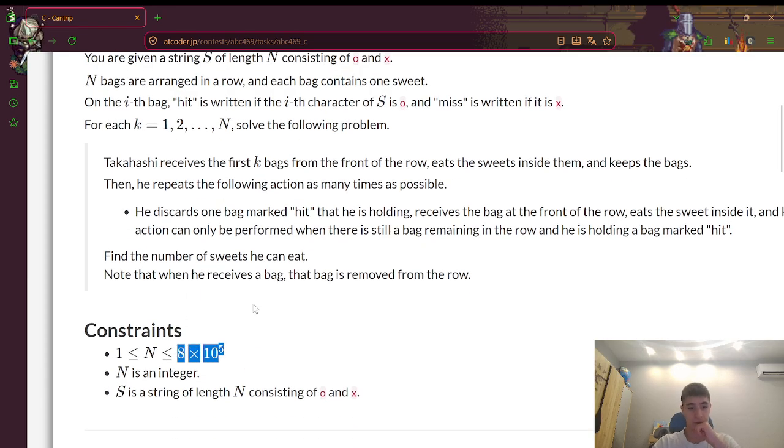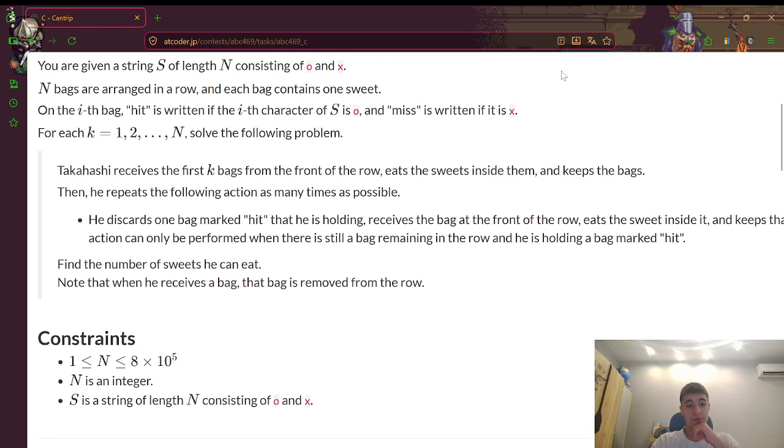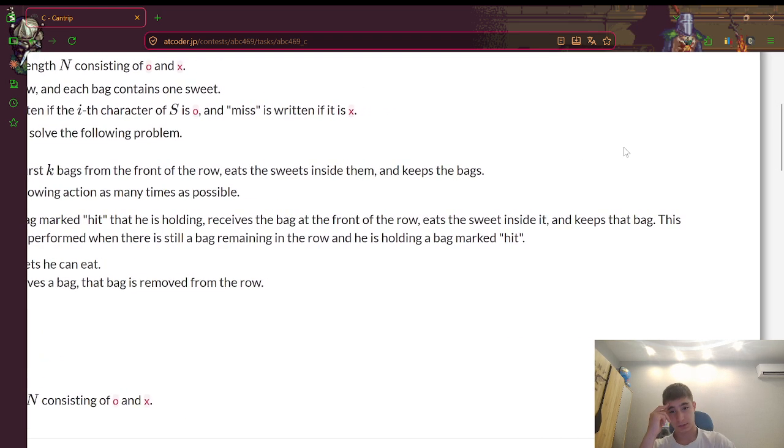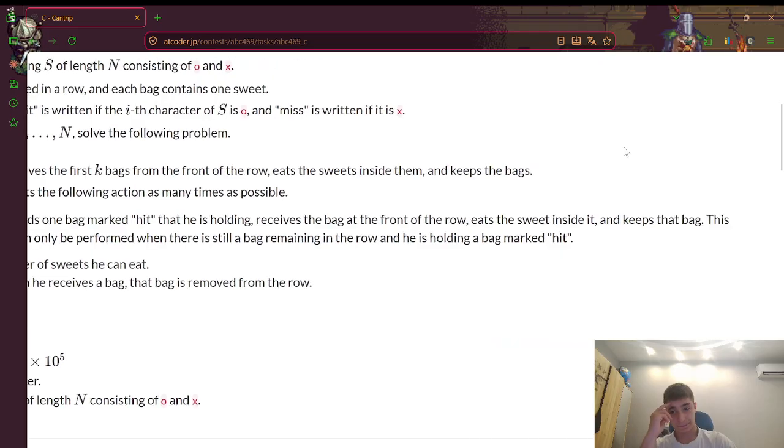Oh, that's a lot. Takahashi receives the first K bags from the front of the row, eats the sweets inside them and keeps the bags. Then he repeats the following action as many times as possible: he discards one bag marked hit that he is holding, receives the bag at the front of the row, eats the sweet inside it, and keeps that bag.